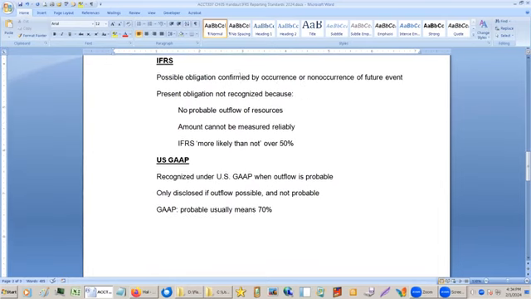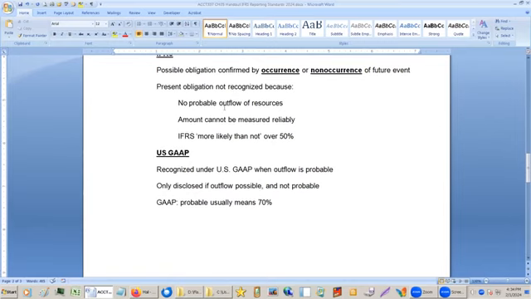Possible obligation governed by occurrence. So something happens, or maybe you're obligated to make some kind of a thing, or that it doesn't occur. You're obligated to buy a certain amount of products or whatever it is, and you don't do that. Present obligation not recognized because no probable outflow, or the amount cannot be measured reliably.